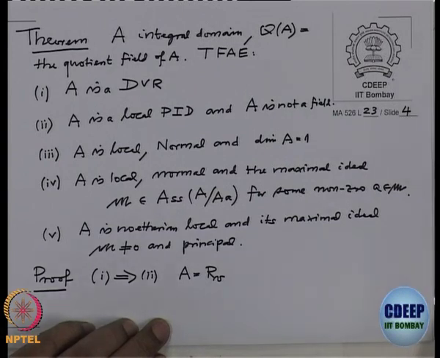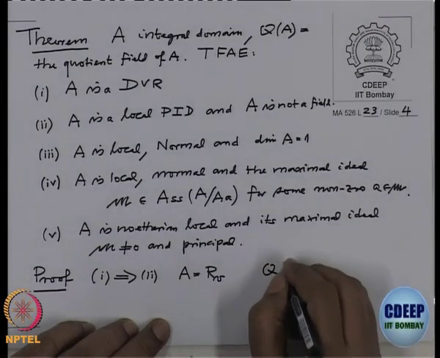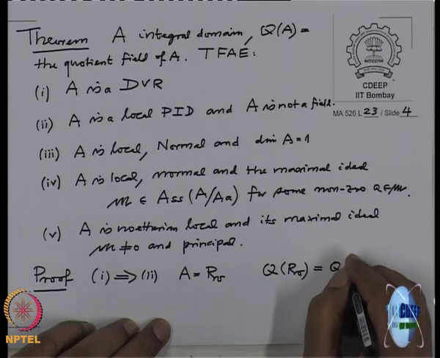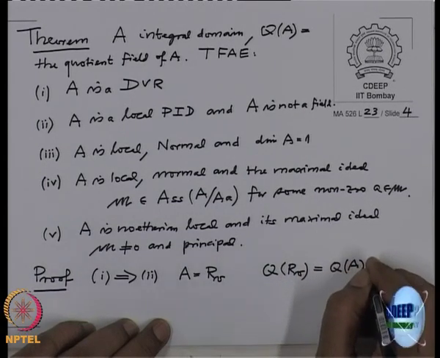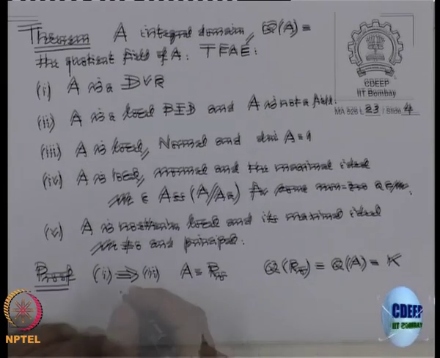Also, we have seen that the quotient field of R_V is the same as the quotient field of A, which is the field K, with the discrete valuation on it.